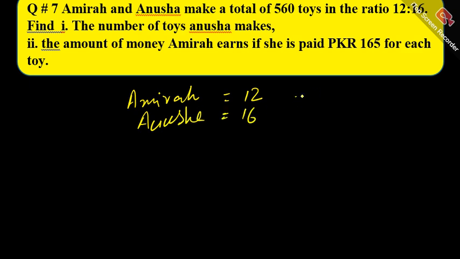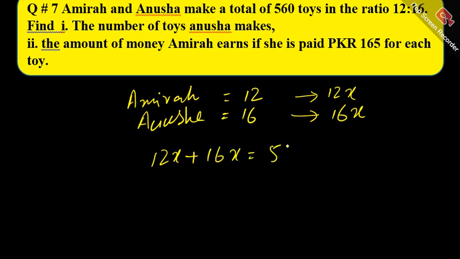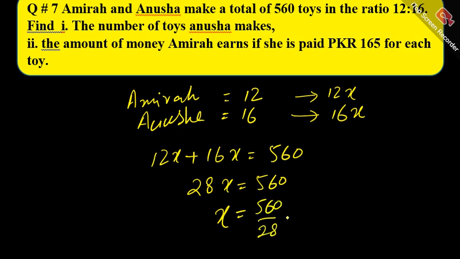So we can say it is 12x and 16x. The total number of toys they made is 560, so 12x plus 16x is equal to 560. After solving, 28x is equal to 560 and x is equal to 560 divided by 28, which is 20.